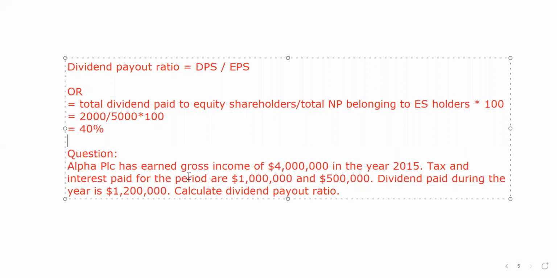Alpha PLC has earned gross income of rupees 40 lakh in the year 2015.